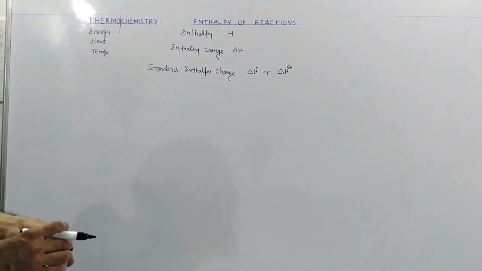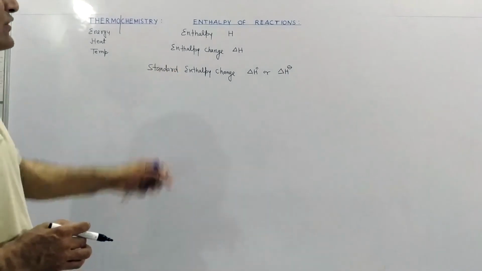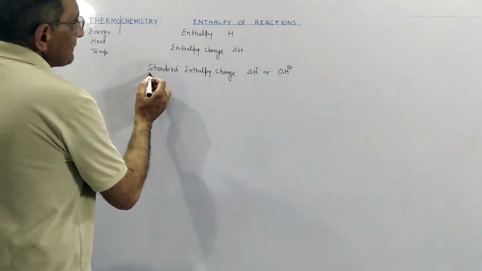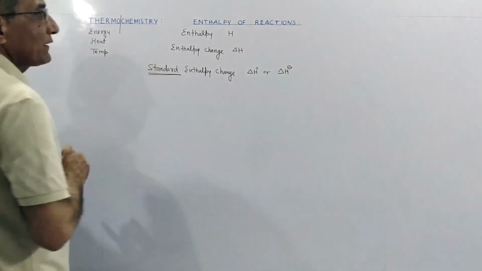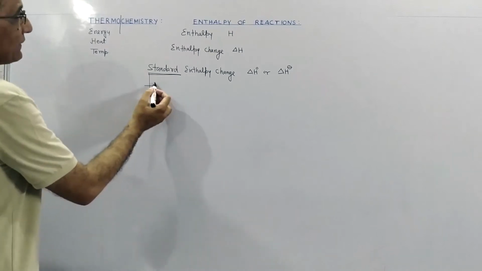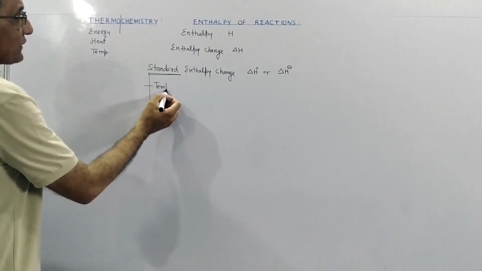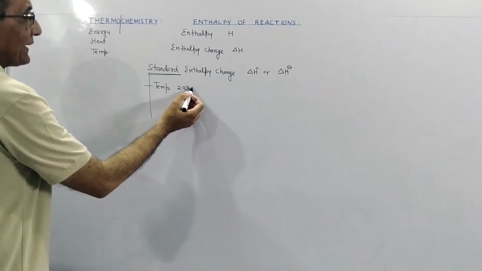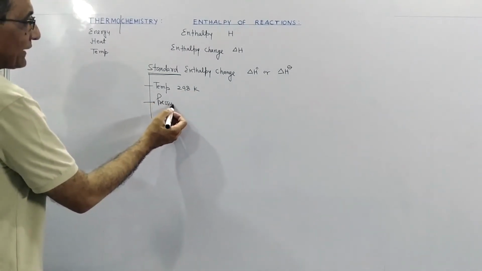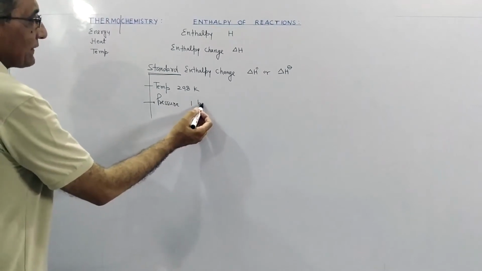So what is the difference between enthalpy change and standard enthalpy change, students? Standard enthalpy change means we are talking about some standard conditions. What are the standard conditions in thermochemistry? Temperature, standard we have to take 298 Kelvin. Pressure, standard we have to take 1 bar pressure.